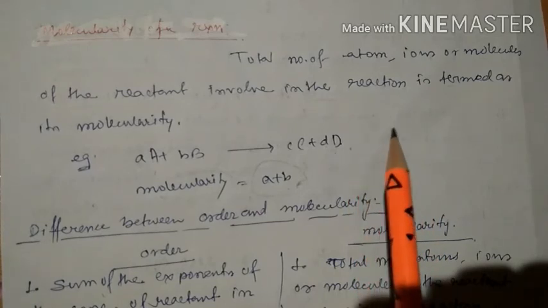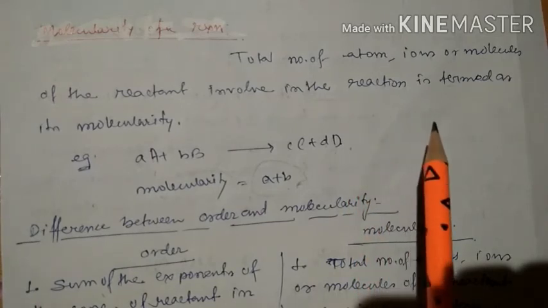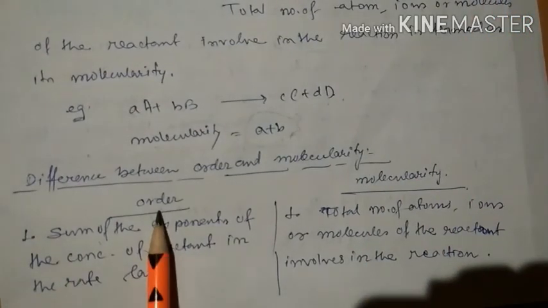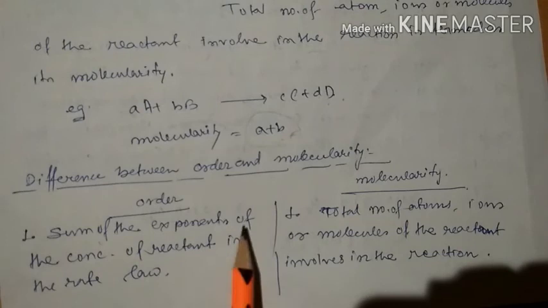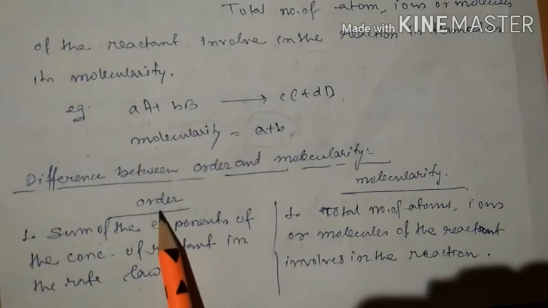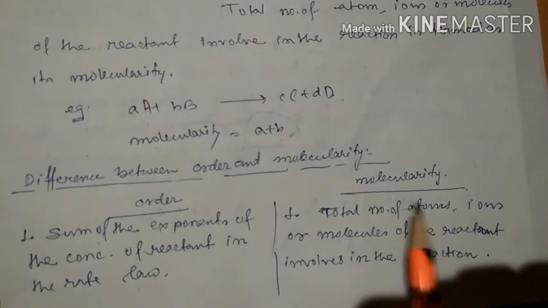See, what is the difference between molecularity and the order of a reaction? The first difference is that order is the sum of the exponents of the concentrations of the reactants in the rate law, and molecularity is the total number of ions, atoms or molecules in the reactants involved in the reaction.